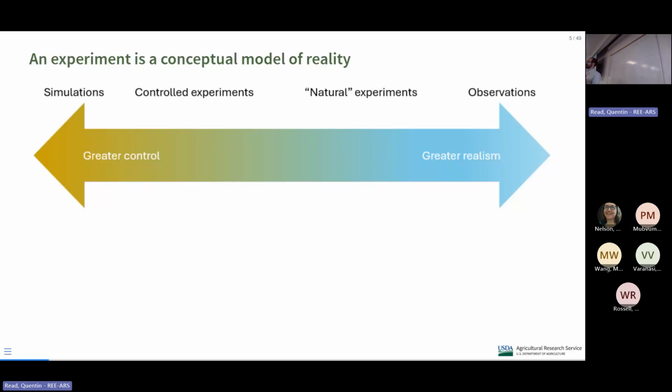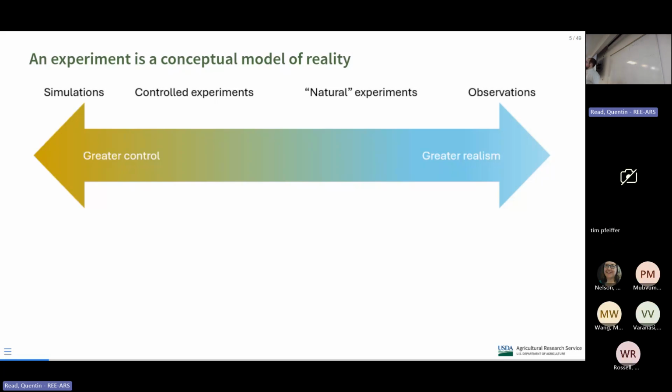But a controlled experiment where you set all conditions constant except for whatever you're trying to manipulate, you have pretty good control if the experiment is set up right, but you don't have the realism of going out in the field and making observations. That's maximal realism. You're collecting real world data, but you've sacrificed control at that point. You haven't randomly assigned variables, you're just observing them. So you have correlational data in that situation.